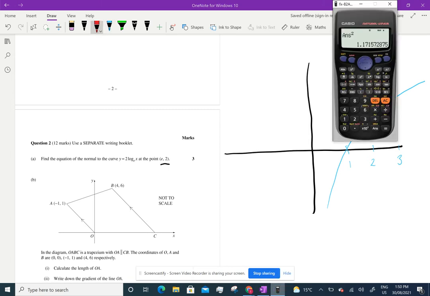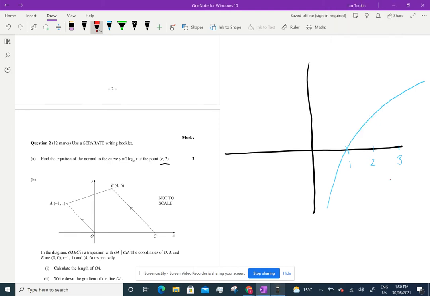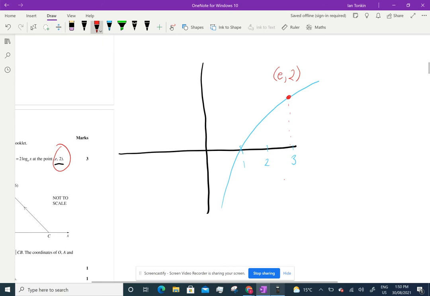Well, it's 2.718. So e is about there. And that's going to be the point (e, 2). Now, normally, we'd be finding the equation of the tangent.